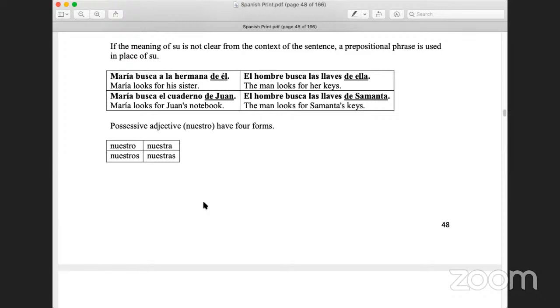The man looks for the keys of her. That's like a literal translation. El hombre busca las llaves de Samantha. The man looks, okay, because busca is the verb form for hombre. Las llaves, keys of Samantha.